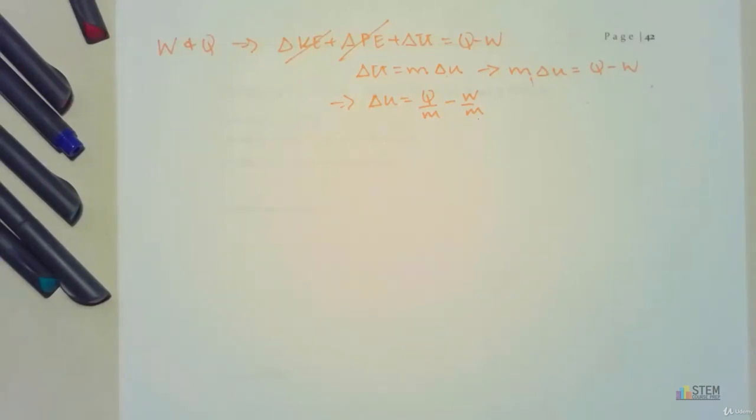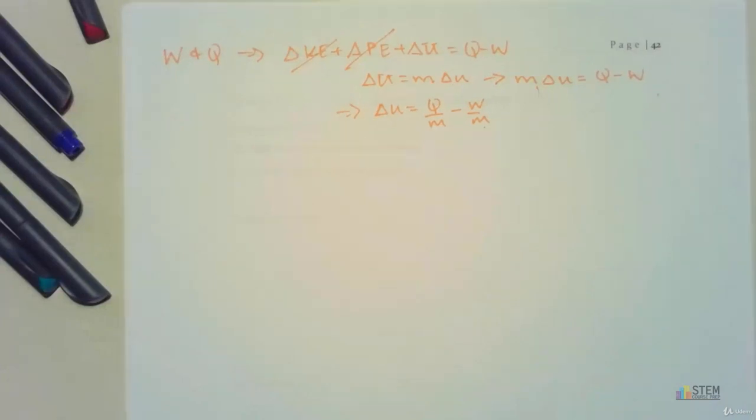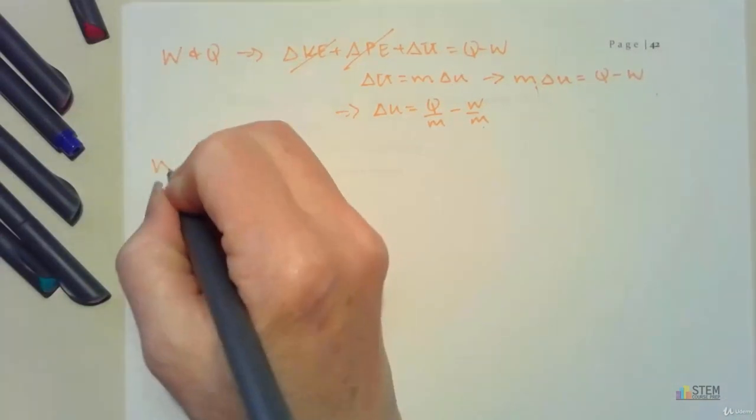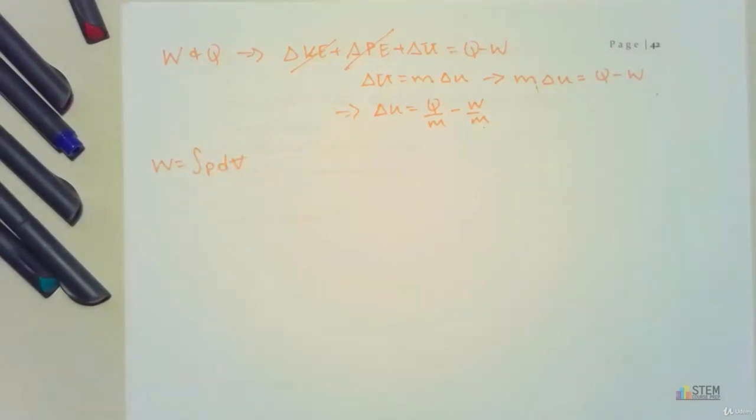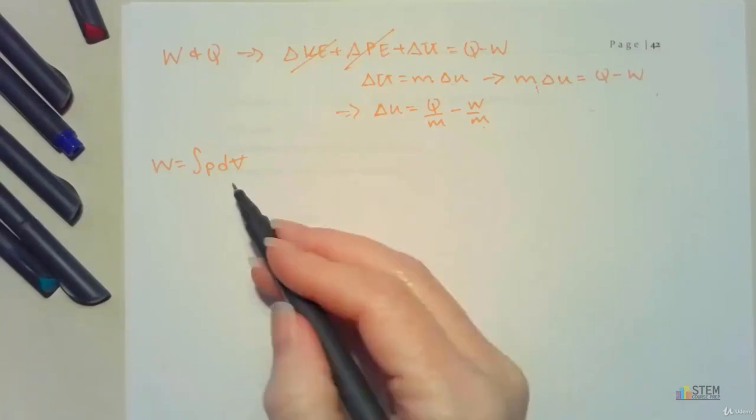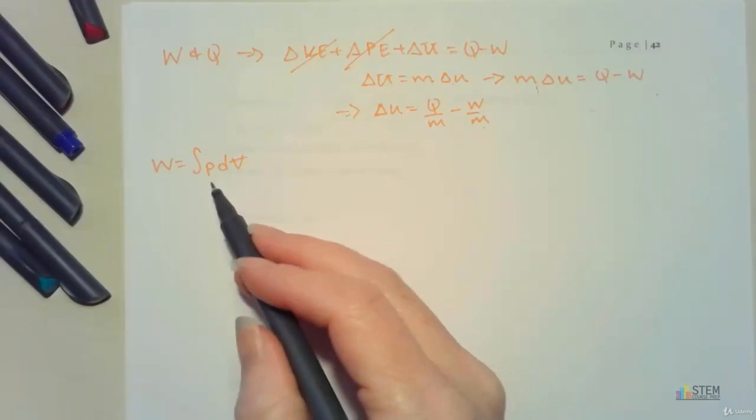Now let's keep going. We need to find work. And the way we find work with a piston cylinder assembly is going to be to use this integral equation that we keep seeing over and over again for closed systems. So this will be it, and we have to have an equation for pressure here.